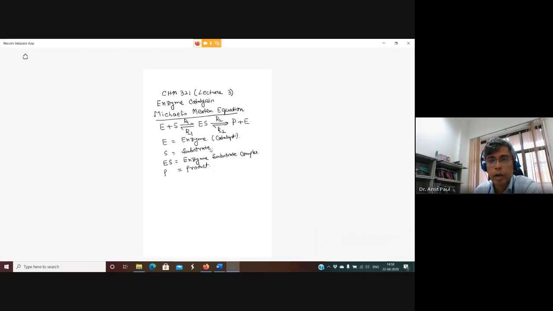Catalyst means something which catalyzes the reaction, makes the reaction faster by lowering the activation barrier. Okay. So before we move forward, we want to highlight here that whenever we ask the students what is the definition of a catalyst, they say that the catalyst is something which makes the reaction faster but doesn't participate in the reaction.